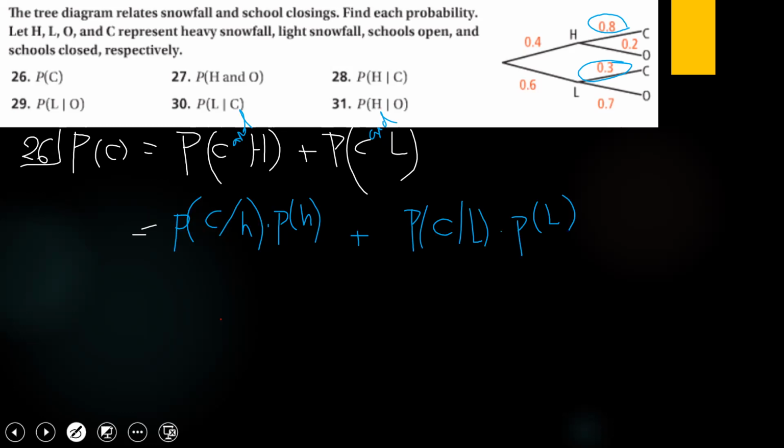Is it clear? Yes. So here, for the probability of closed, we have two choices, closed and heavy, closed and light.